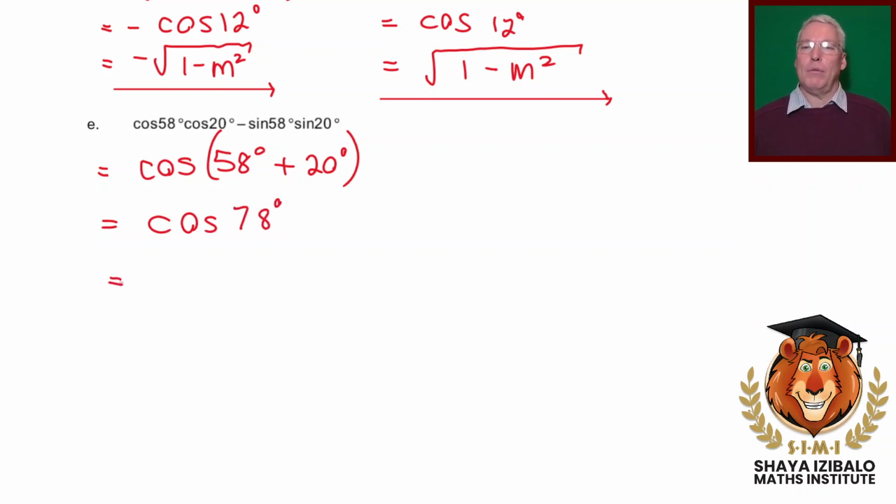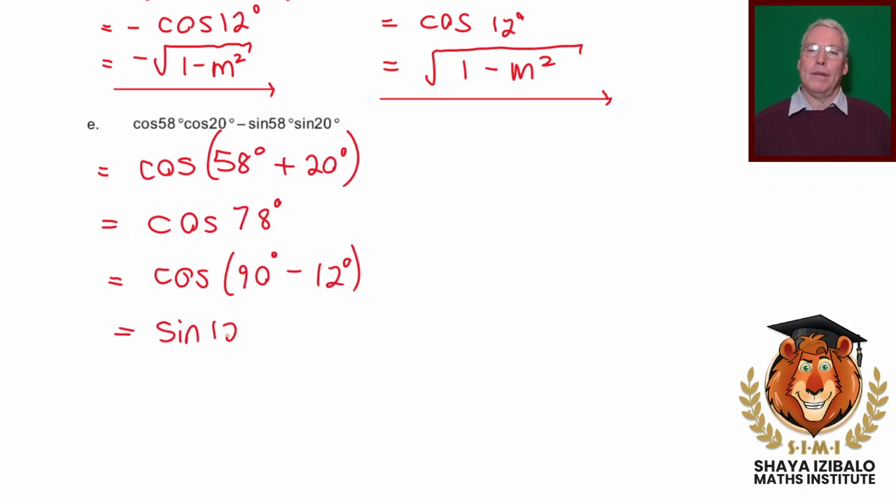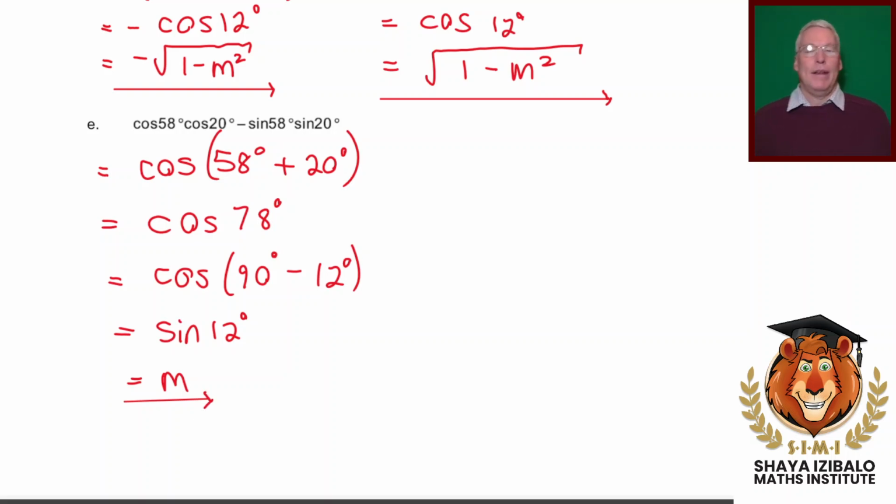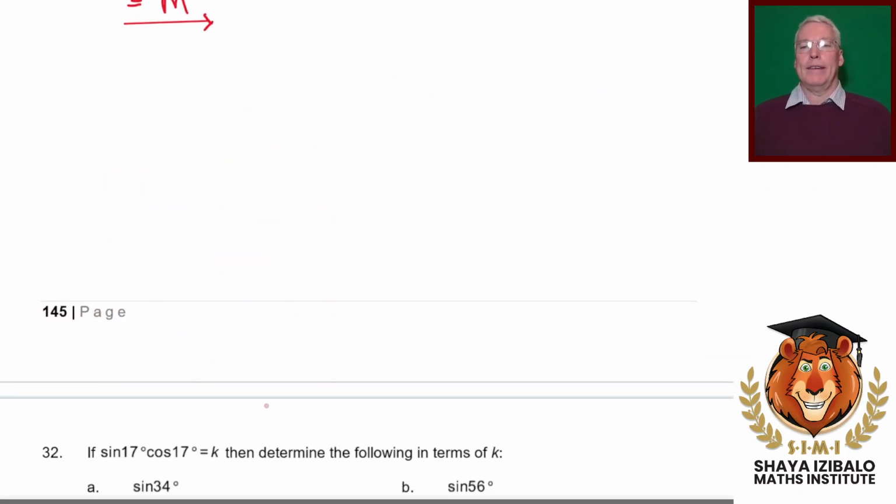We're in quadrant 1, and we're 12 degrees away from the vertical axis. This is the same as cos of 90 degrees minus 12 degrees, which is just sine of 12 degrees, which is just m. Okay, we are hoping that you're starting to realize that key to being good at this stuff is learning all these identities.